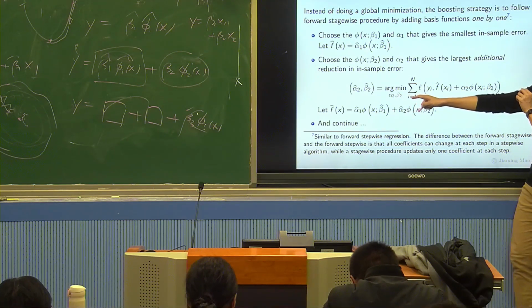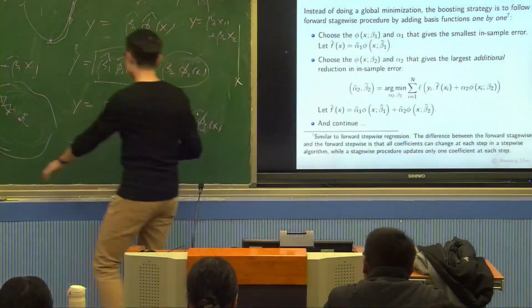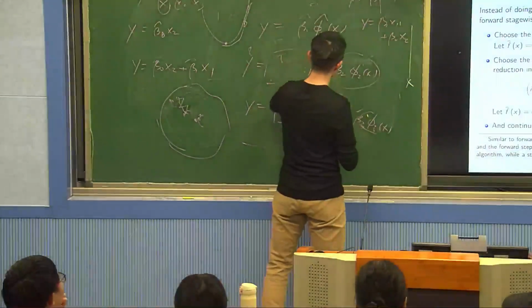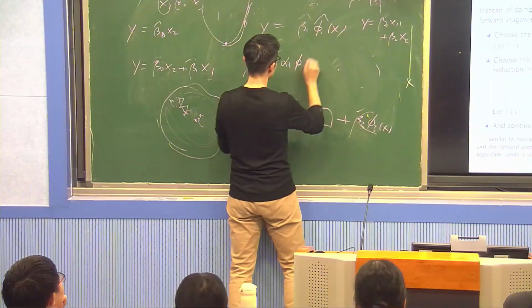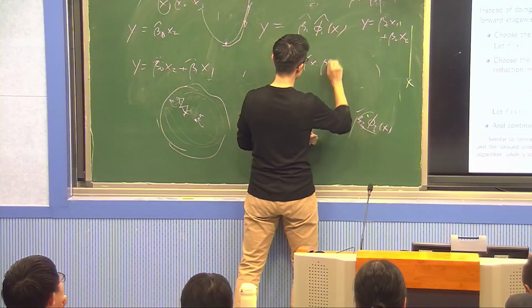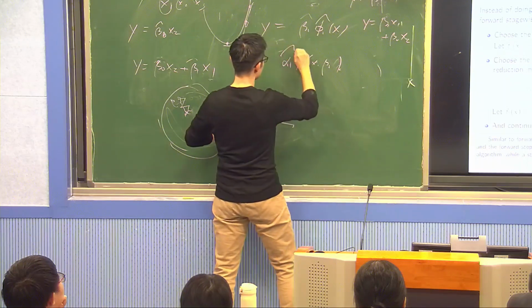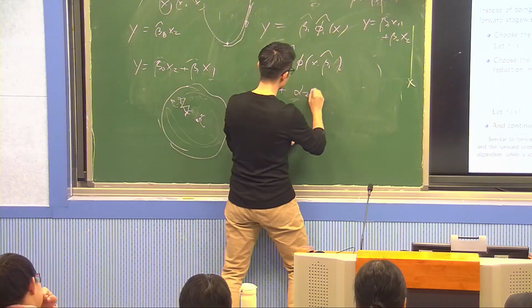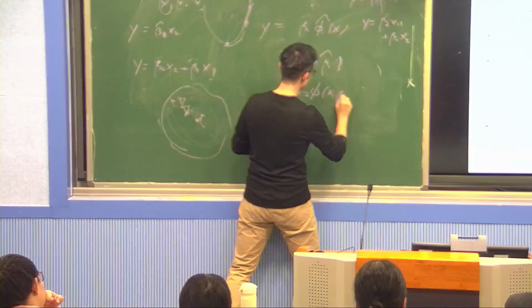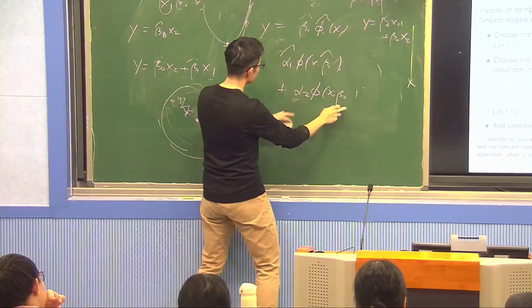I hope that's clear. The first stage is to find alpha 1, phi, beta 1. The second stage takes these as given, already fit, and I try to find alpha 2, phi x, beta 2 by minimizing the loss function.